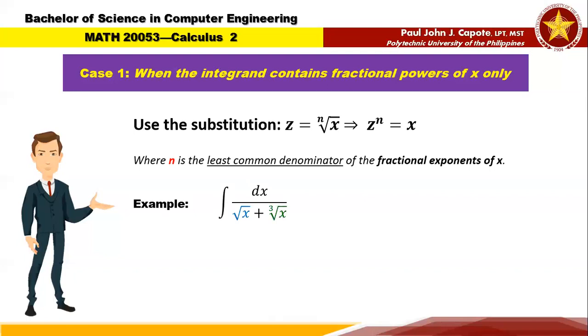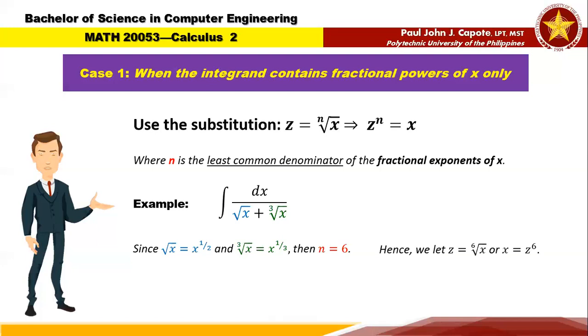Example, the integral dx over square root of x plus cube root of x. Since the square root of x is equal to x raised to 1/2, and cube root of x is equal to x raised to 1/3, then n, which is the least common denominator of the fractional exponents of these two terms, is equal to 6.